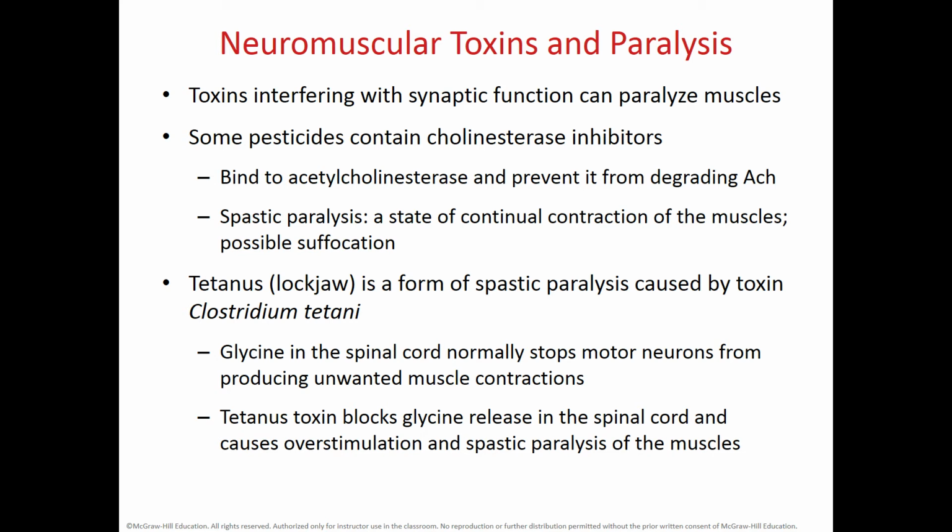Glycine is located in the spinal cord, and this normally stops the motor neurons from producing unwanted muscular contractions. But since tetanus is going to block glycine, these unwanted muscular contractions will happen, so you have overstimulation of the muscles, and then you will have a spastic paralysis too.